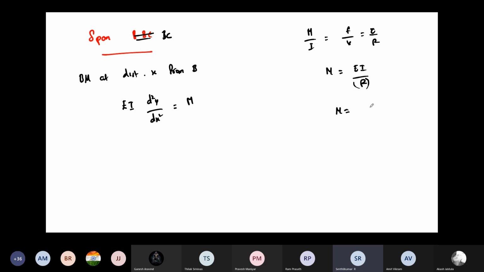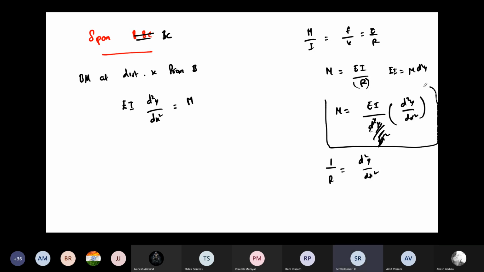We have R as d square y by dx square with a square root of some values, but I am making the displacement very small. I can consider 1 by R as d square y by dx square itself. So EI d square y by dx square equals M. From this equation only, this is developed.